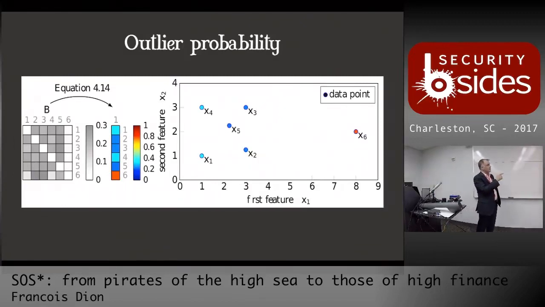So in this case, and that's as much theory as we will cover. After that, it'll be a lot more interactive. But so we convert basically this probability matrix into an outlier probability for each data point. So we end up with 6 values, each ranging between 0 and 1. And 0.5 is an arbitrary decision that anything above 0.5 would be an outlier or an anomaly, and anything below is not.